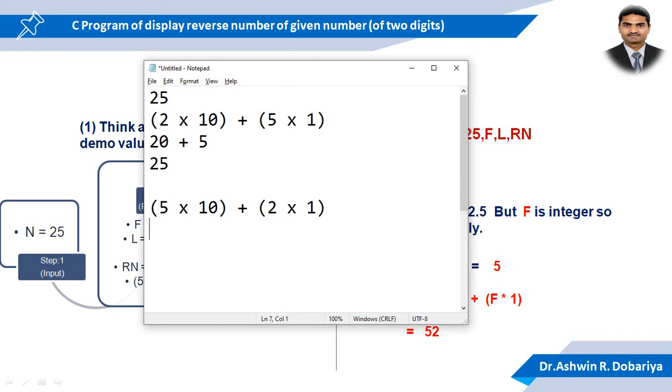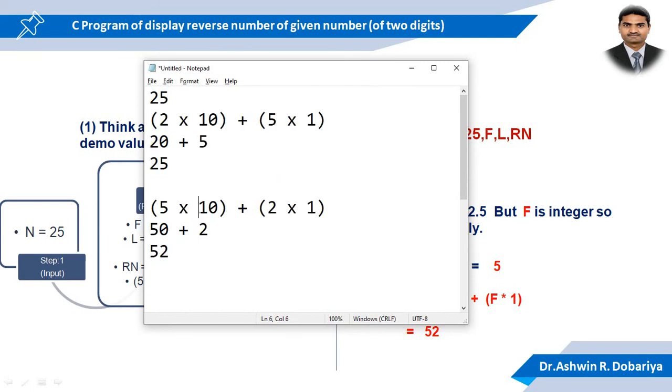So 5 multiplied by 10 means 50 plus 2, so it's 52. So the original number is formed by multiplying the first digit by 1 and the second by 10, and to reverse it, the first is multiplied by 10 and the second by 1. This is the overall logic.